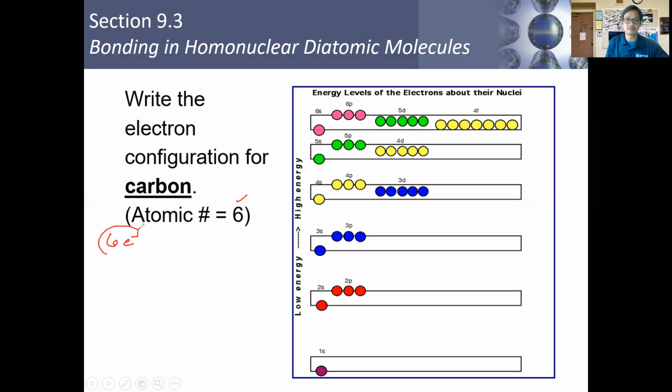We proceeded by using this energy diagram and started to fill it in with these electrons. That's what an electron configuration is: locating the electrons that make up a particular atom. I want you to keep that in mind, because that's exactly what we will do with the molecule as well.